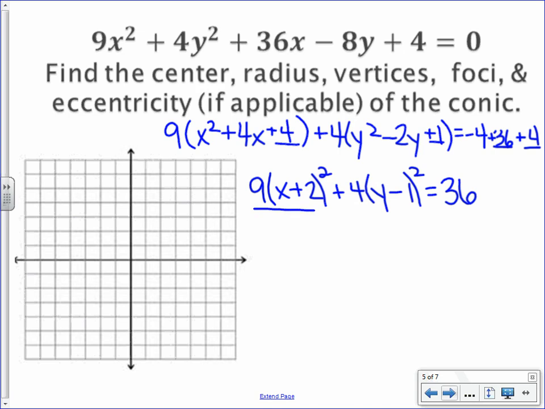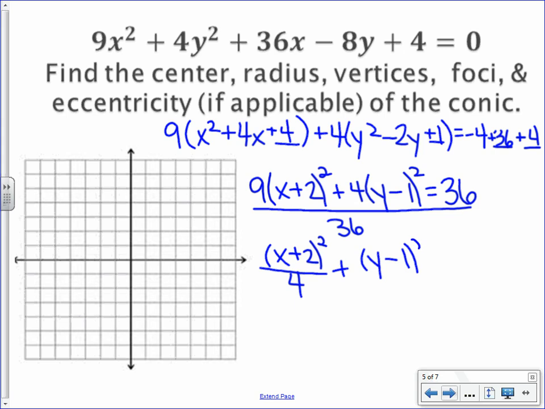So we're going to divide by 36. So here we have x plus 2 squared. 9 divided by 36 would leave us with 1/4, so we'll write it as x plus 2 squared over 4. This is going to be y minus 1 squared over 9 equals 1.